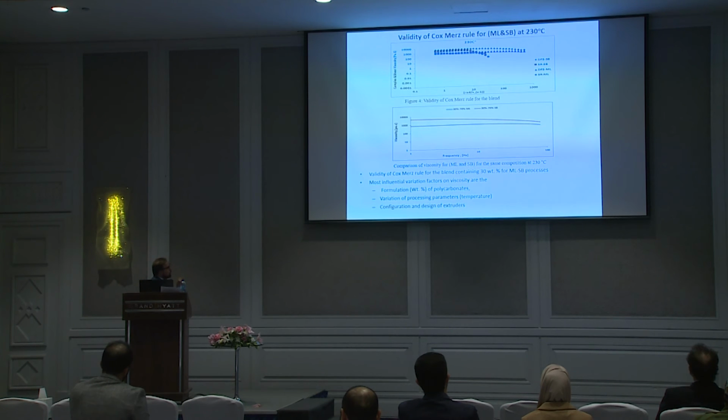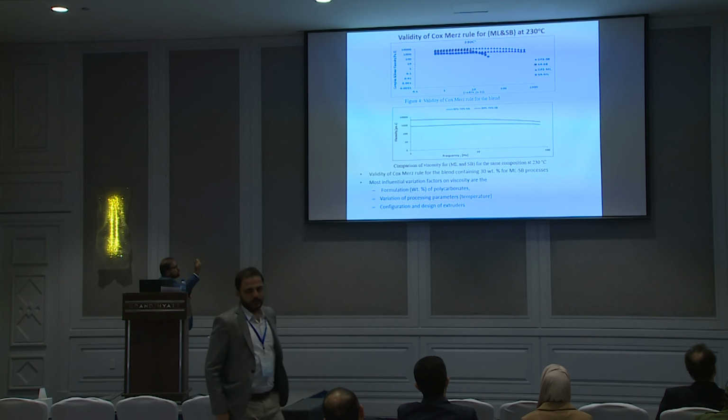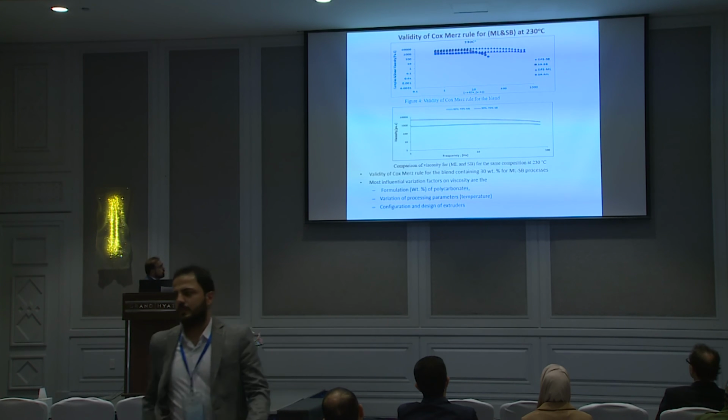From the second diagram, as you see, I took the same material and ran it under the rheometer to see the viscosity for each extruder. The red color is for the Coperion machine, and the second one for the Minilab.